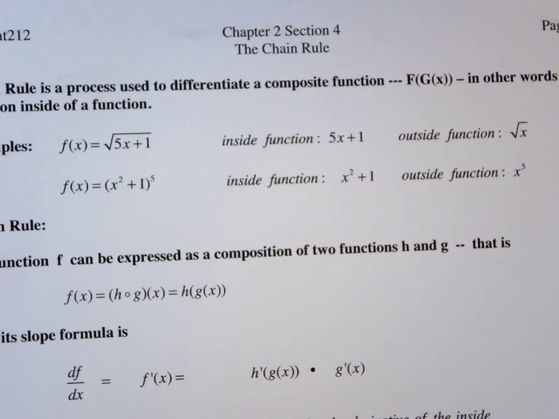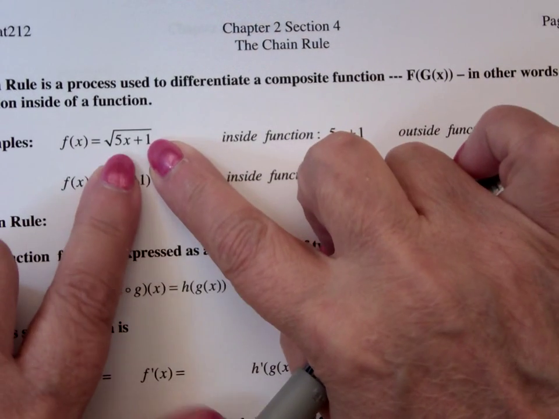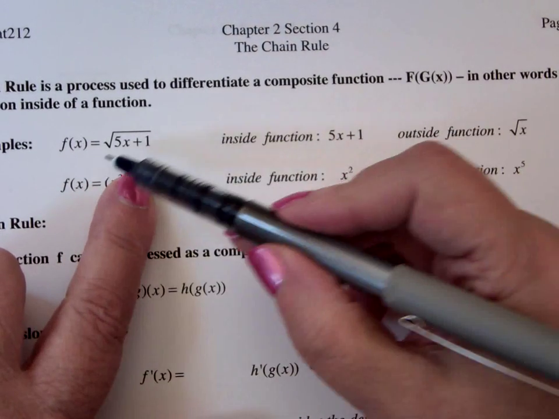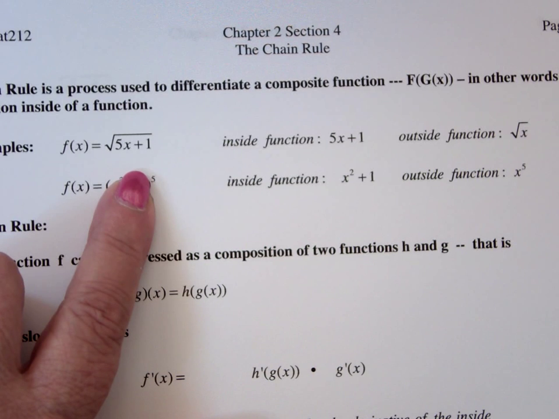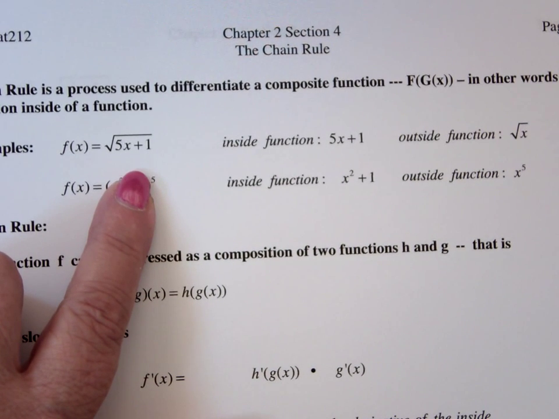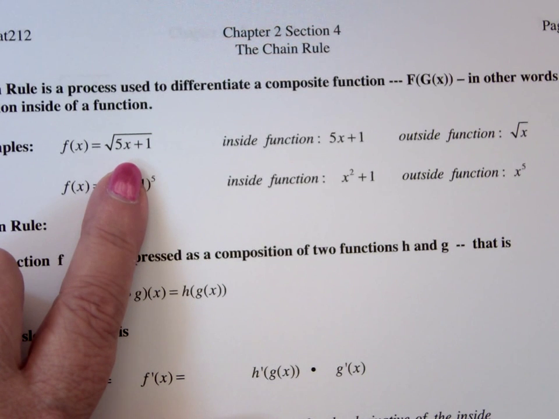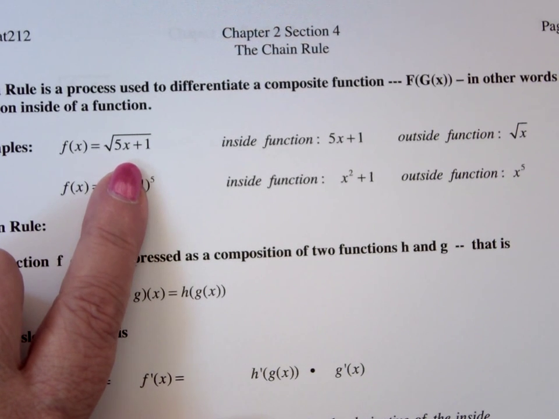When I take a look at functions of this fashion, what I notice is that I can't differentiate them like I normally would. Because I've got the square root of 5x plus 1, not the square root of x. What do I do? This is what we would call in college algebra a composite function.